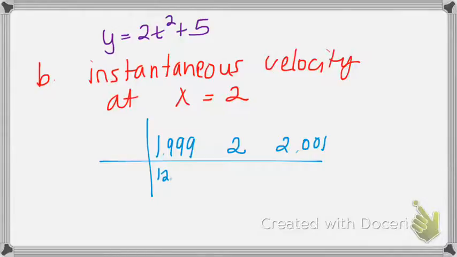And I'm just going to put 12.992, but I'm going to remember that I'm using that whole decimal from the calculator there. That's not right.